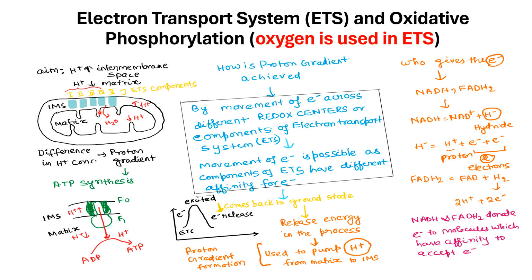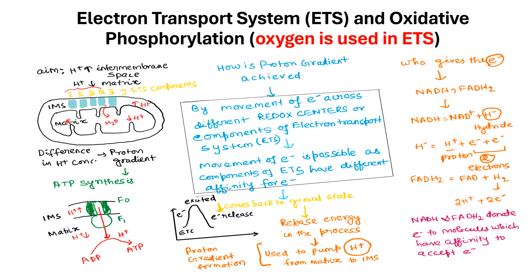These ETS components act in such a way that the inner space, or the matrix of the mitochondria, becomes deficient in protons, or H plus ions are less in the matrix as compared to the inner membrane space, or the IMS. So our goal is to increase the proton concentration in the IMS and decrease the proton concentration in the matrix.